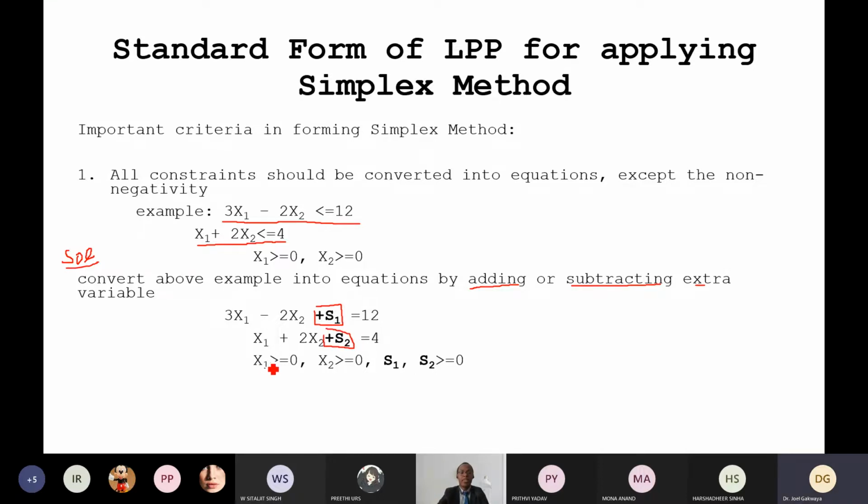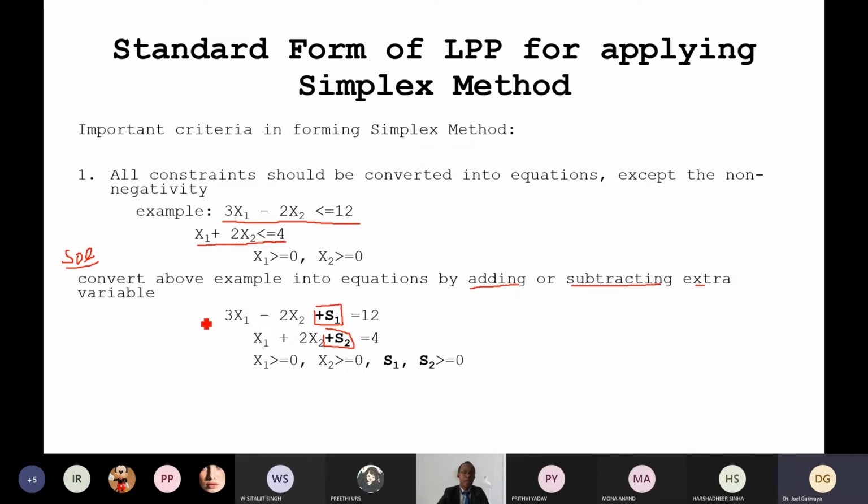And the non-negativity should always hold: x should be greater than or equal to 0, and S1, S2 should be greater than or equal to 0. To remind you, the number of extra variables to be added should always be equal to the number of constraints we have in a problem.